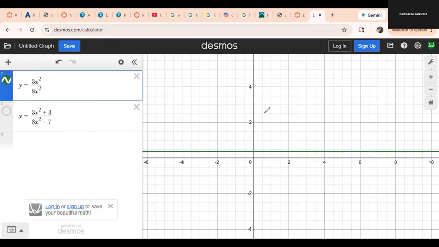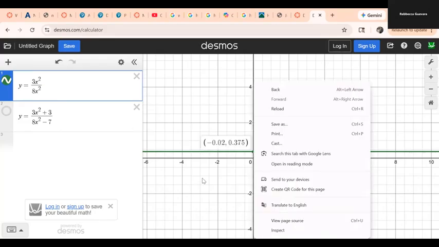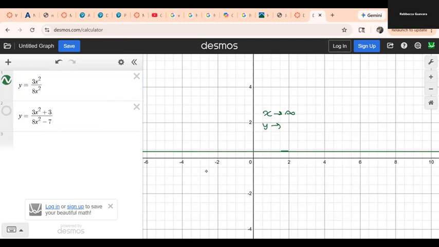And as my x values are going toward infinity, my y values are pretty much staying level here at, let me click on that again, at 0.375 or 3/8. Same thing this way, as x is negative infinity, y is staying level at 3/8.